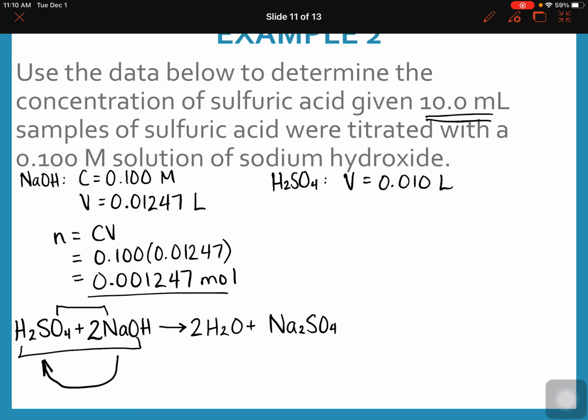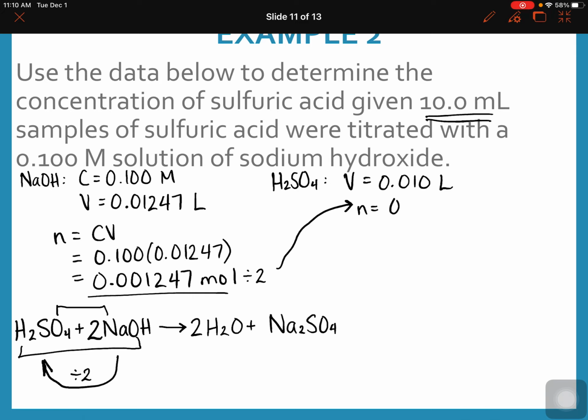So to go from sodium hydroxide to sulfuric acid, to go from 2 to 1, I'm going to divide by 2. So that means I need to divide my number of moles here by 2 to get to my number of moles of sulfuric acid.